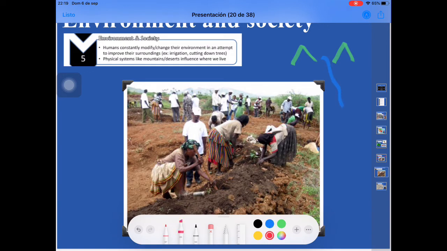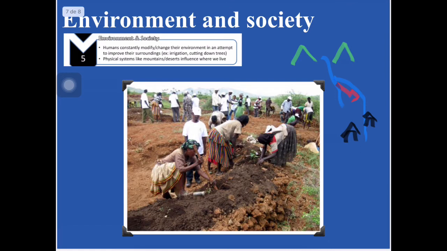They are going to modify the environment to get those resources. So perhaps they are going to change the course of the rivers in order to get the water. And they are not going to be moving around to find water. They are going to move the river to their cities, right? So this is another way of human environment interaction.